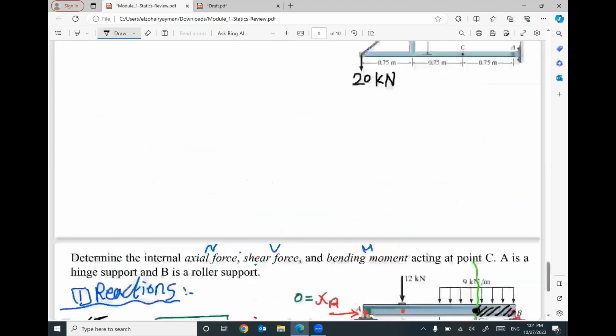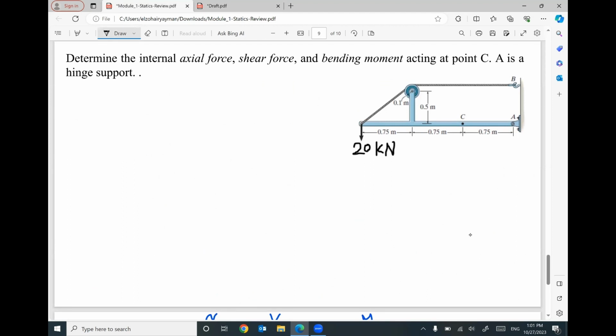This one. We are given a beam. This beam is supported by hinge at A. And we have a cable connected to a hook at B. If you would like to start to solve this beam, I will remove the cable.